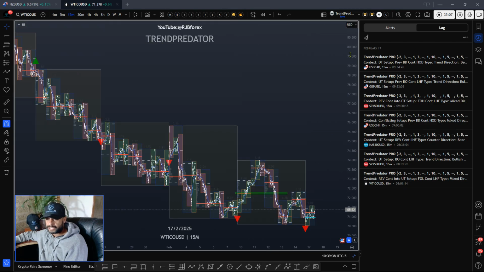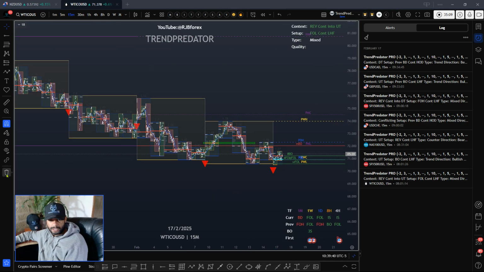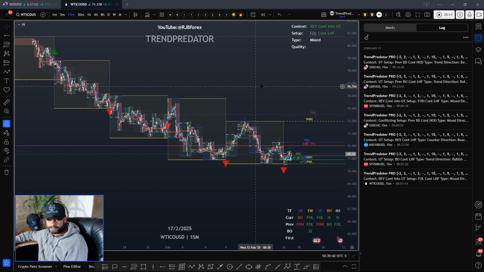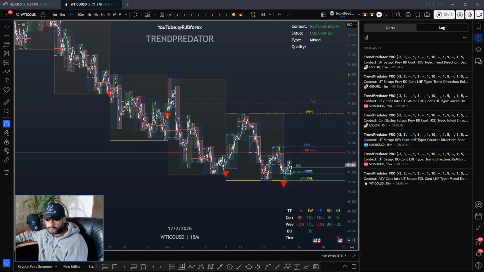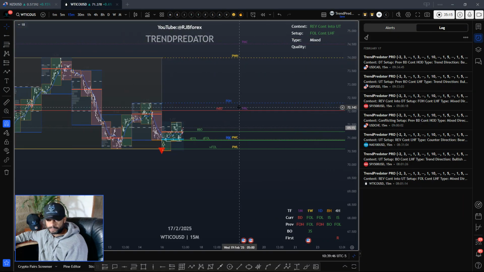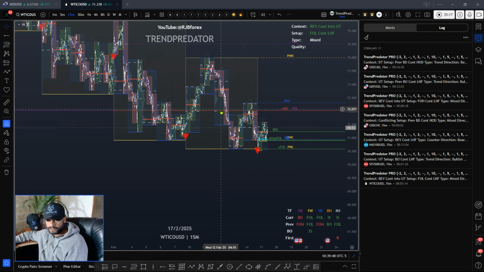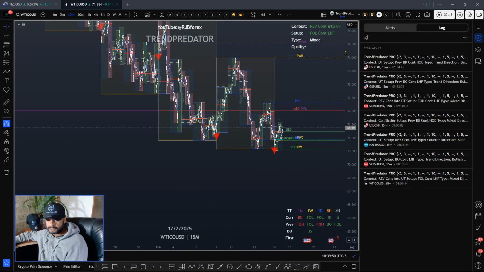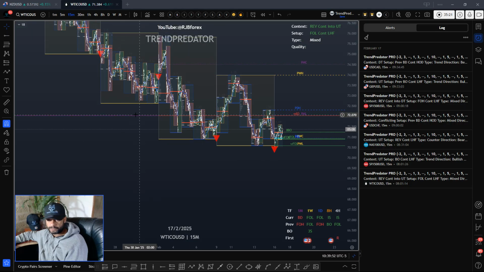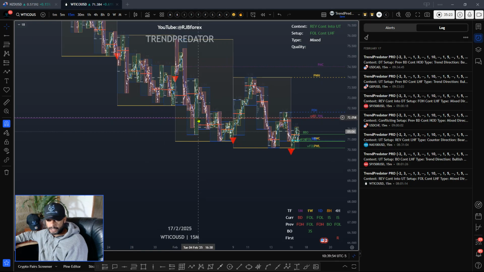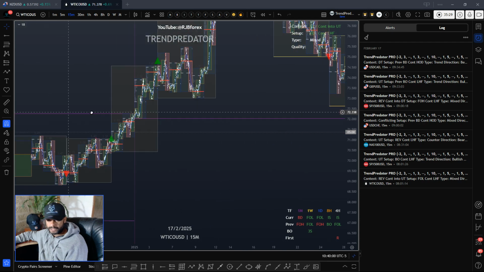But the overall trend is bearish due to the monthly situation below the previous month's low. PML, previous month's low. So obviously that's January's low that was put in way over here somewhere.